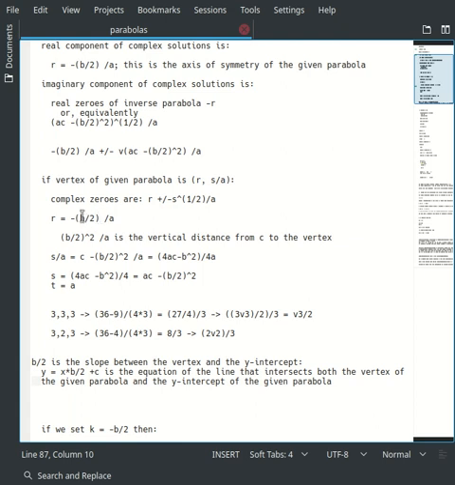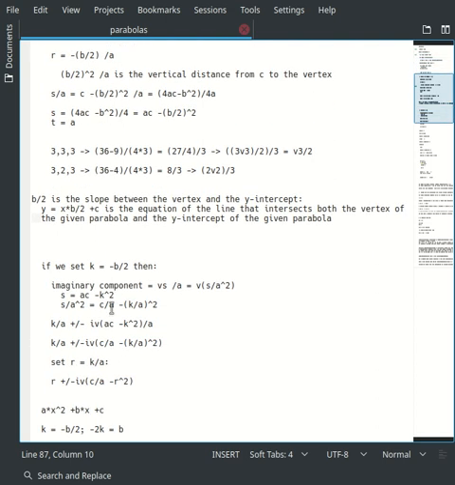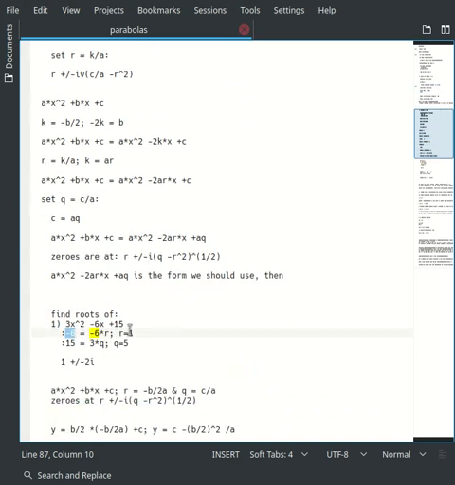Wait, negative 6 divided by 2 is negative 3, the negative of that is positive 3, divide that by a, which is 3, and your real component is then 1. Okay, c is 15, so just divide that by 3, and you get 5.